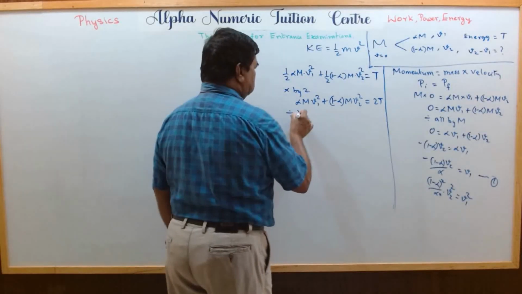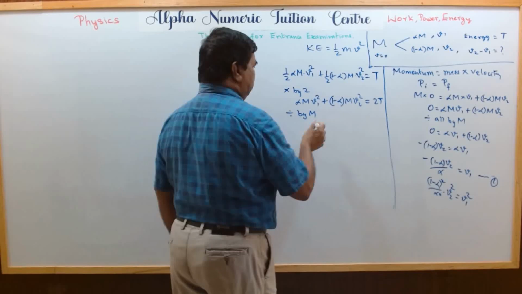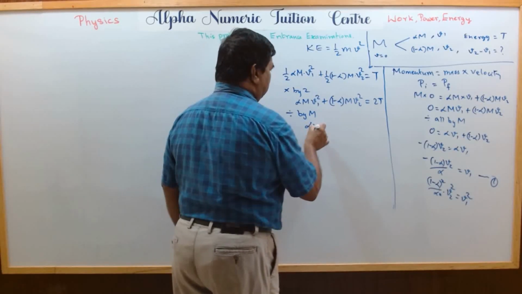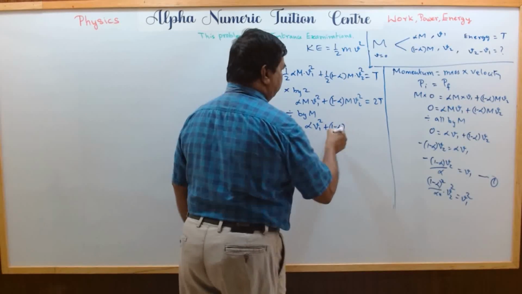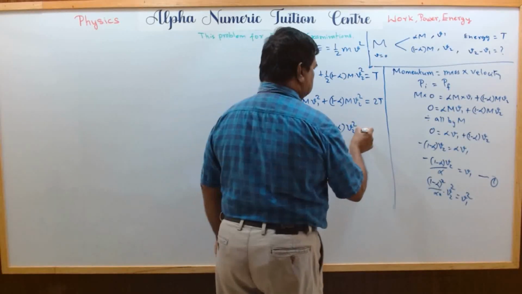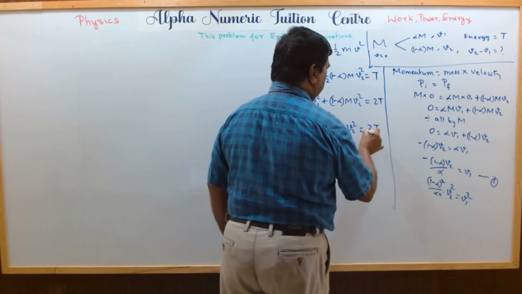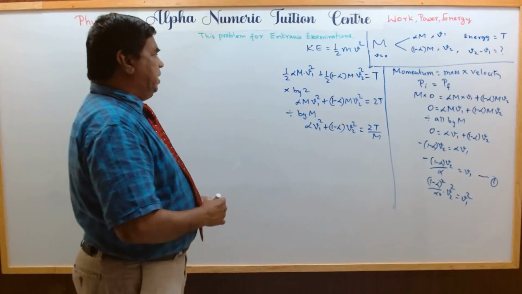Now divide all the terms by capital M, so M will be cancelled. So alpha v1 squared plus 1 minus alpha v2 squared is equal to 2T divided by capital M.